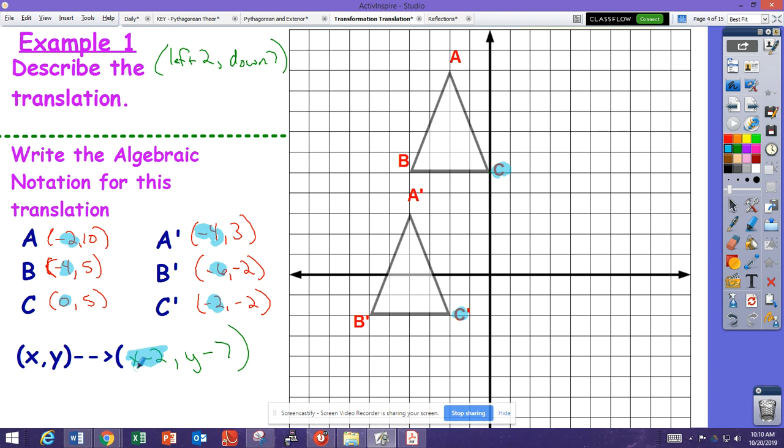So for every x coordinate, you're subtracting 2. And on the y coordinates, it's y minus 7. So for every y coordinate, you're taking away 7, right? 10 minus 7 is 3. 5 minus 7 is -2. 5 minus 7 is -2, right? So here are the points, and you can see what's happening to them with the notation.